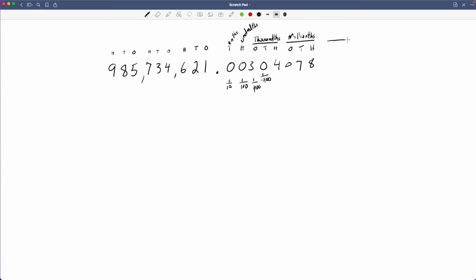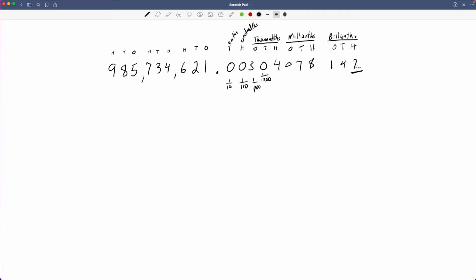You have millionths, and then you'll have billionths, right? So it has this mirrored system that works very well, that never ends, right? Let's put some numbers in there. If I were to ask you what this position was, you could count and say, okay, that's going to be hundredths, 100 thousandths, 1, 2, 3, 100 millionths, 1, 2, 3, 100 billionths.